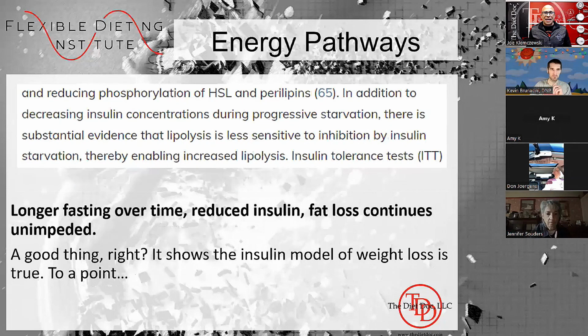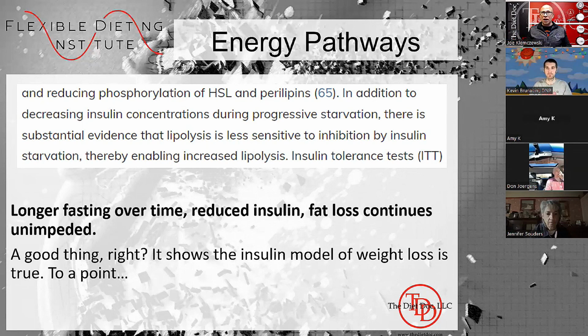So in addition to decreasing insulin concentrations during progressive starvation slash fasting, there is substantial evidence that lipolysis is less sensitive to inhibition by insulin starvation, thereby enabling increased lipolysis. So right there, we actually kind of accelerate lipolysis. Insulin sensitivity, of course, is occurring because insulin levels are coming down. So it looks like this is a good thing. It looks like, wow, we shouldn't eat carbs. We should keep insulin low.